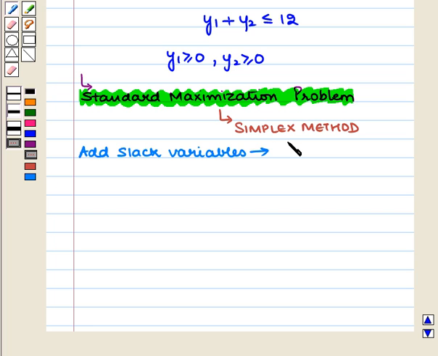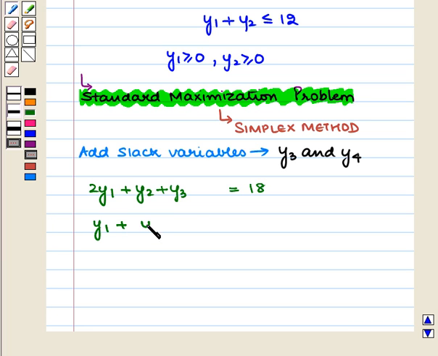First we add slack variables y3 and y4 to the constraints to convert them to equalities, and we have the following equations: 2y1 plus y2 plus y3 is equal to 18, y1 plus y2 plus y4 is equal to 12, and minus 8y1 minus 6y2 plus z is equal to 0.